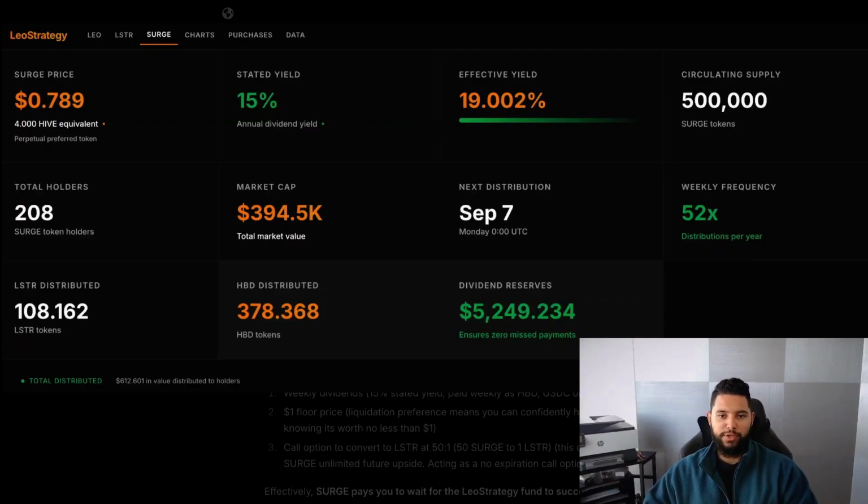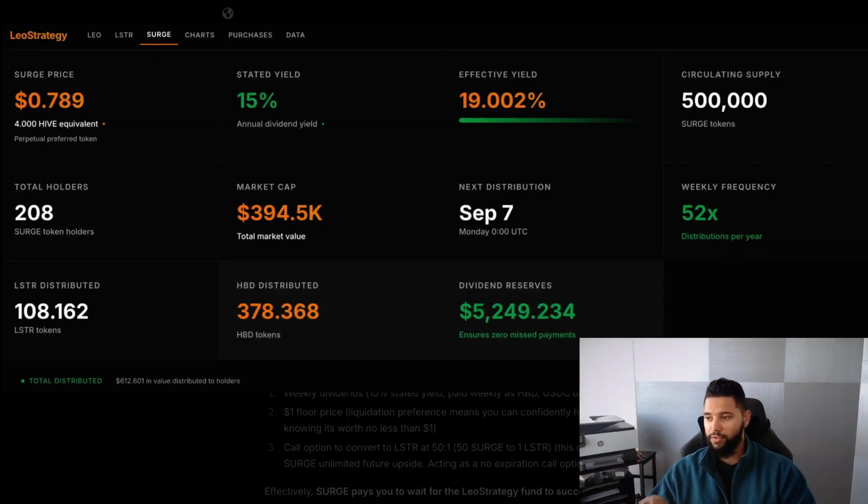So the Surge price right now is about 79 cents. Surge has a stated yield of 15%, and it has an effective yield right now of 19%. So the way you get this is the stated yield is 15. So there's 15 cents per one Surge token is paid out every single week. So that's the annual dividend is 15%. The weekly payouts are obviously 15% divided by 52.